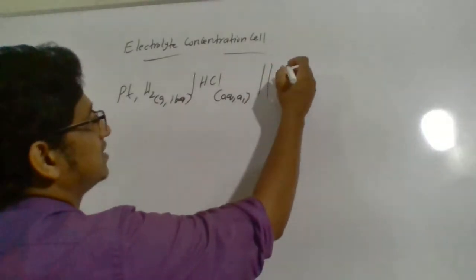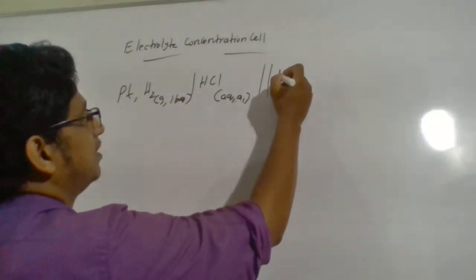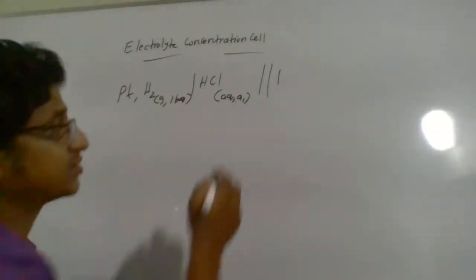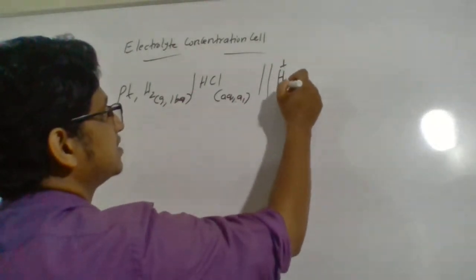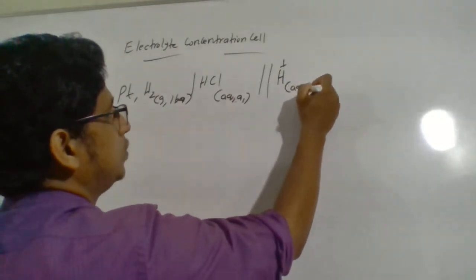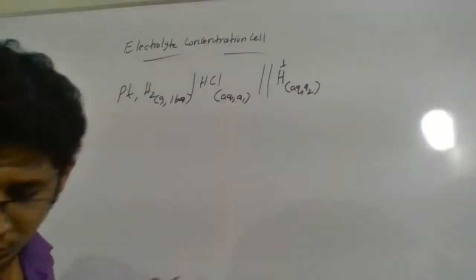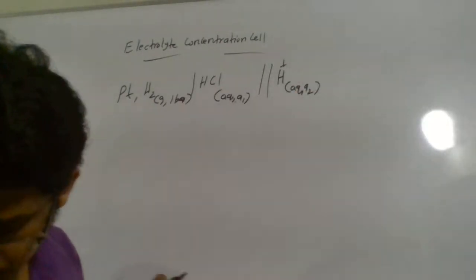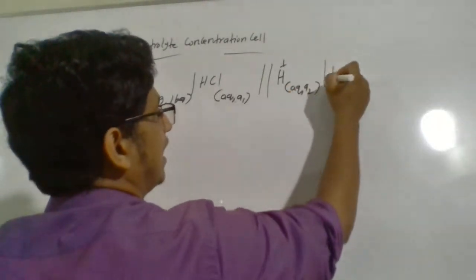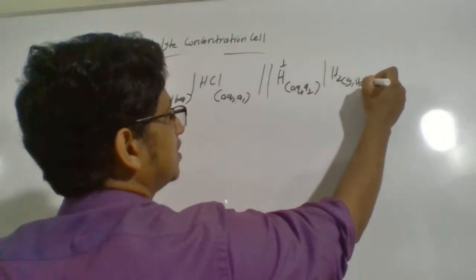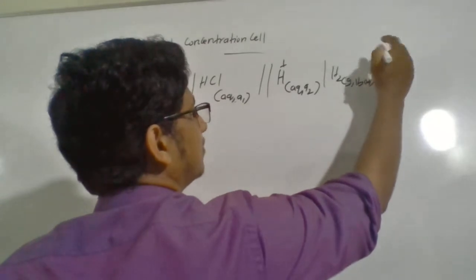And let's take the other electrode, this time platinum with H plus ion, aqueous A2, and H2 hydrogen gas maintained at 1 bar pressure, platinum.